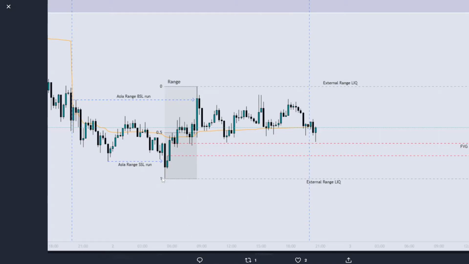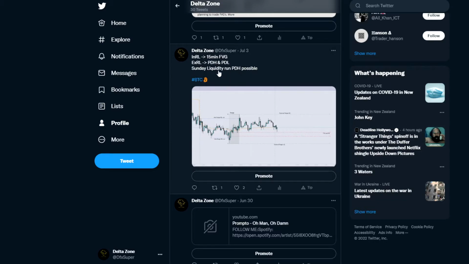So this was Saturday's price action. I was just talking about how we were likely to run liquidity, Sunday's liquidity run on previous day high, which was Saturday's high. This is something that you'll find happens quite often on Sunday.